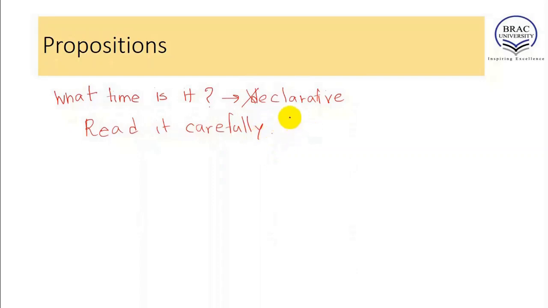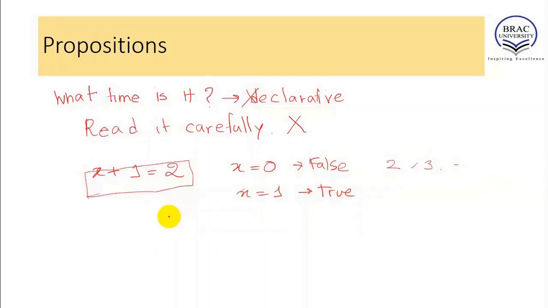This is not a proposition also, as I am not declaring something. Okay, I am ordering something to you. Okay, now if we want to write x plus 1 equals to 2. Now if x equals to 0, this is false. If x equals to 1, this is true. So this is also not a proposition. I hope you can understand what is a proposition. Okay, let's move to a definition.